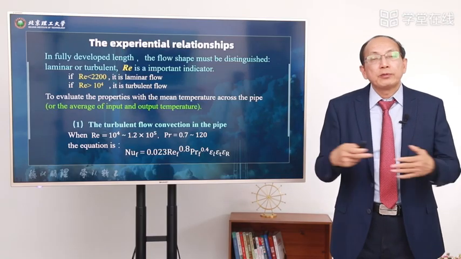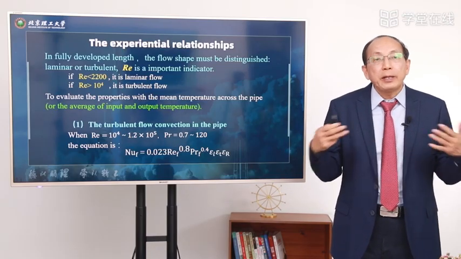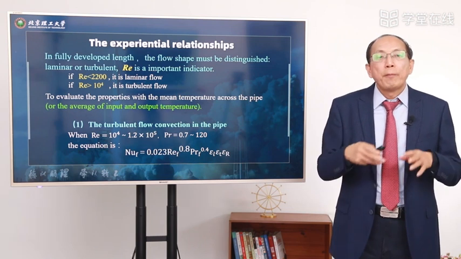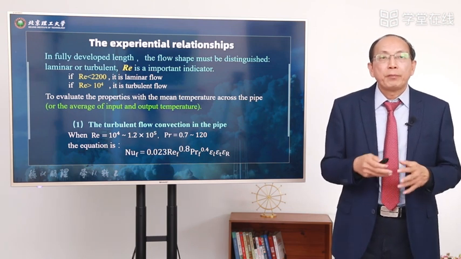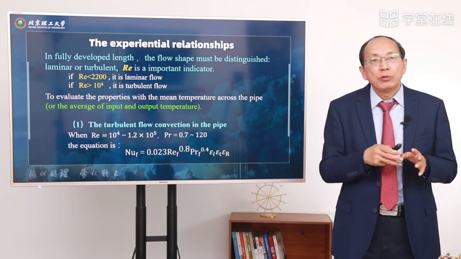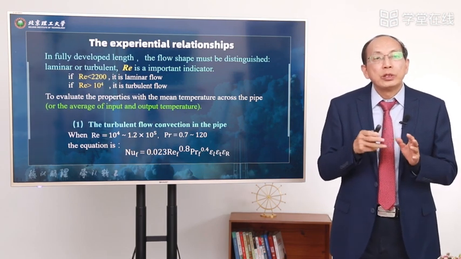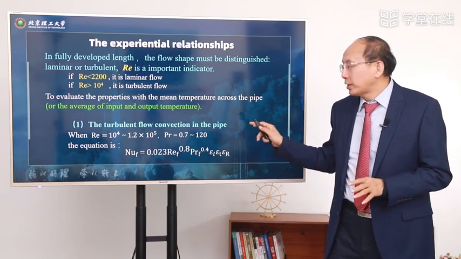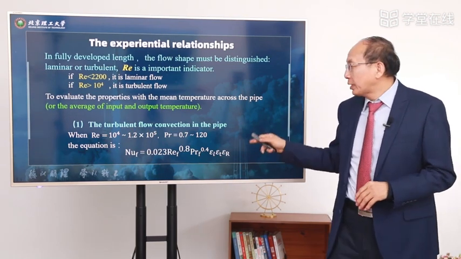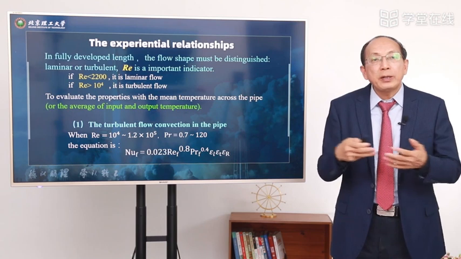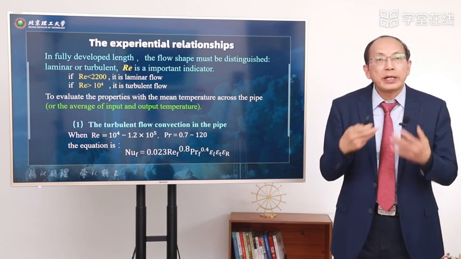Because this case is very typical, many scientists have done research on it. So in this case, we can use a very typical equation to calculate the heat transfer.